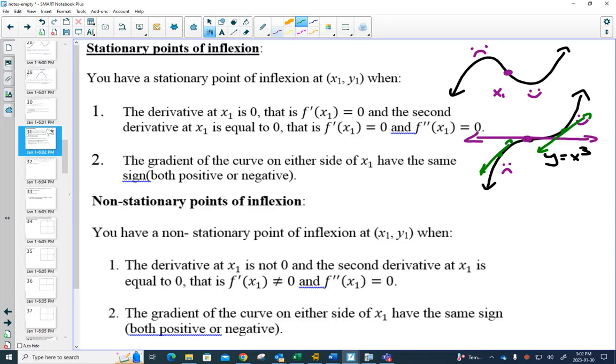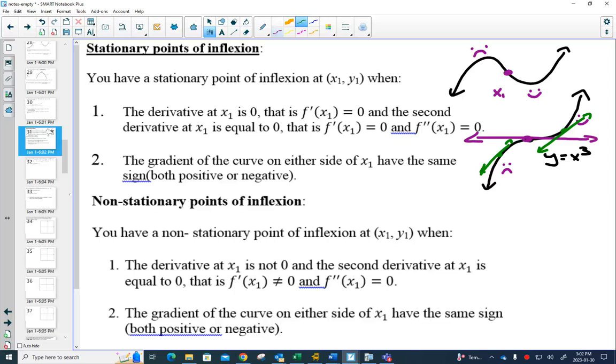And your graph changes from increasing to decreasing at a maximum, or changes from decreasing to increasing for a minimum. But we notice here that the tangents are both positive. On an x cubed graph, it's always increasing, even though there's a tangent of 0 in between.